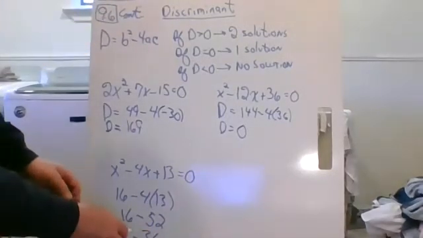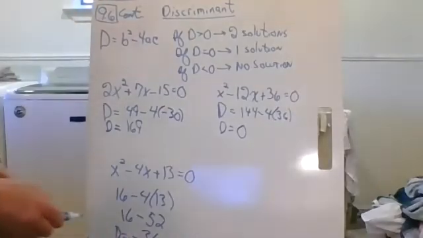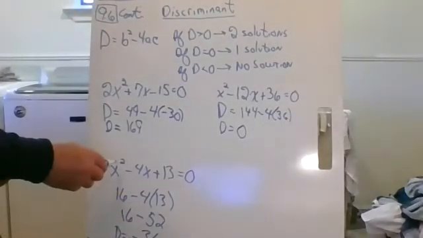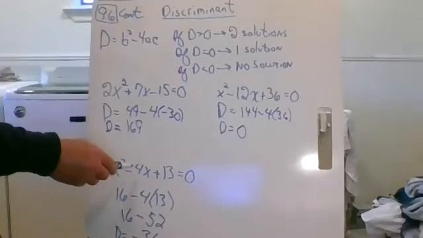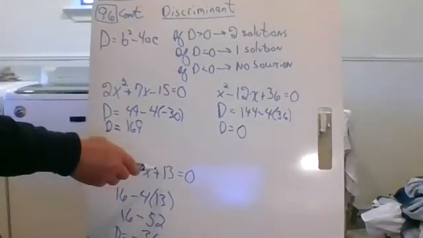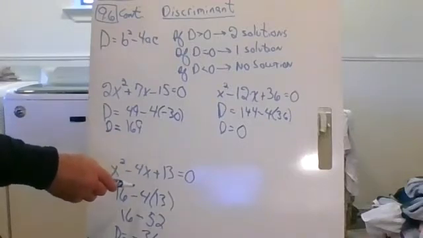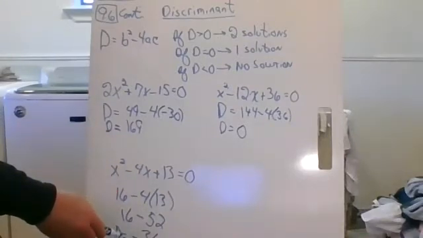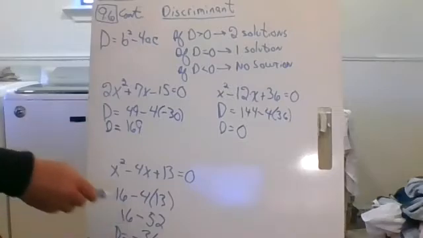And so the discriminant is negative. So this equation here has no solutions. And we can see here that there aren't going to be any numbers that are going to make this true, because when you apply the quadratic formula, you get the square root of a negative, which is undefined.